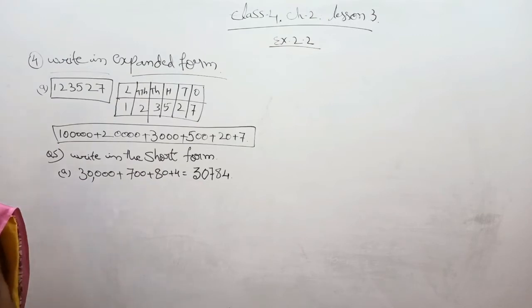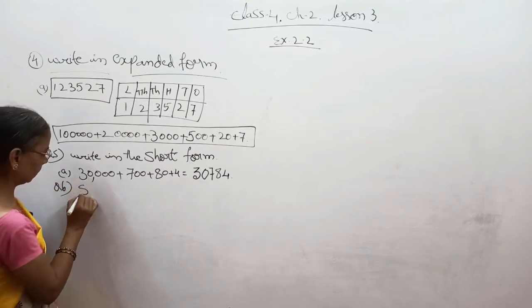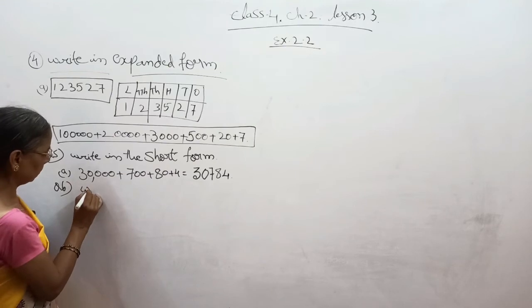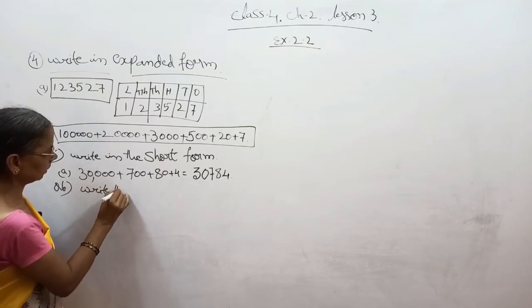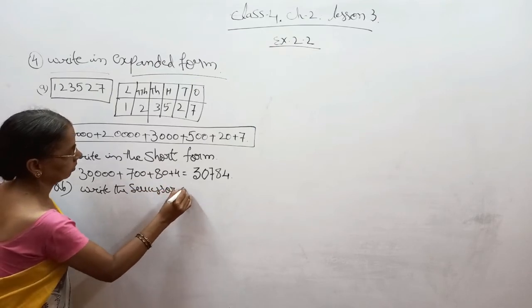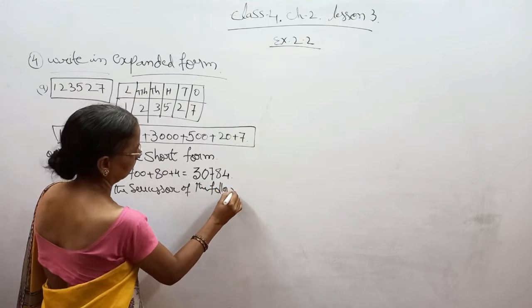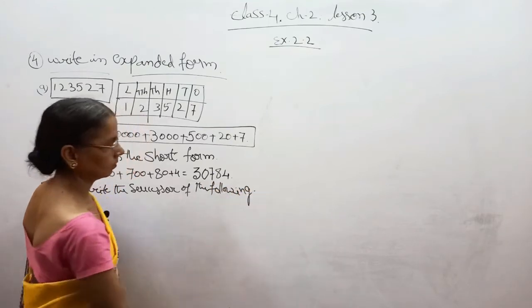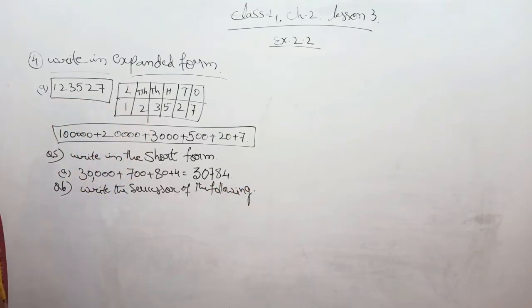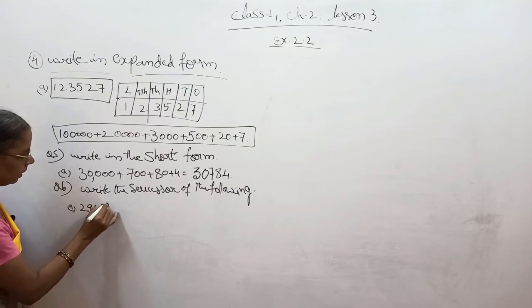Again, question number 6. Write the successor of the following. That is 29,099.